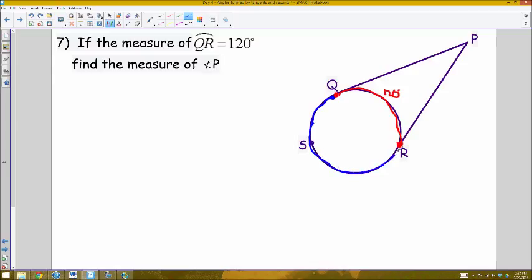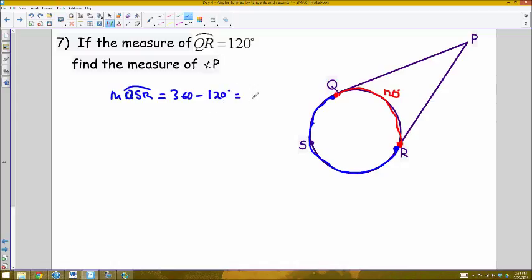Well, notice how these two arcs are related when I highlight them. Together, these two arcs form a full circle, which should be 360 degrees. So if I wanted to know the measure of arc QSR, I could take the 360 degrees that's in the whole circle and subtract from that the measure of minor arc QR, which is 120 degrees.